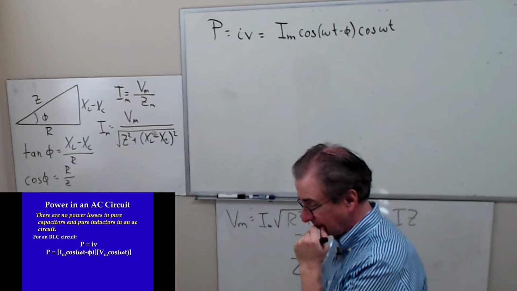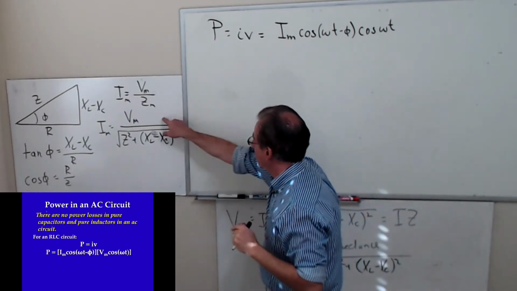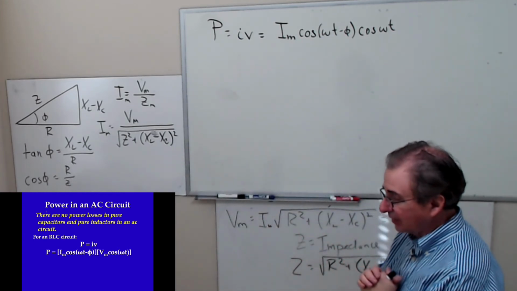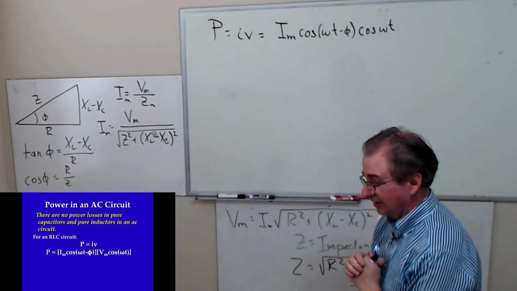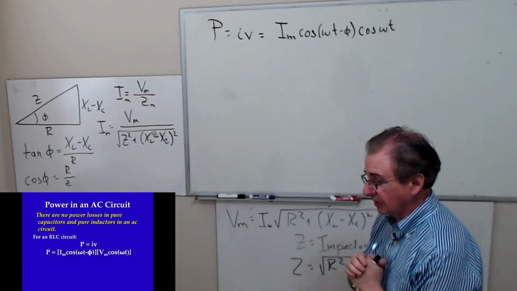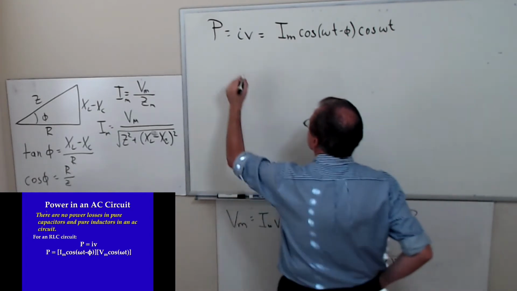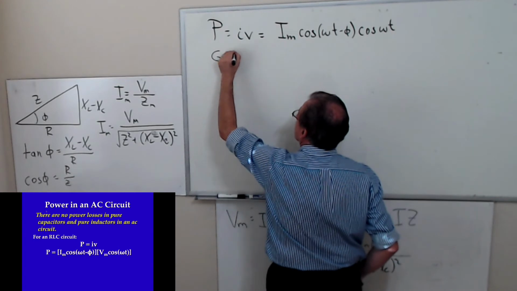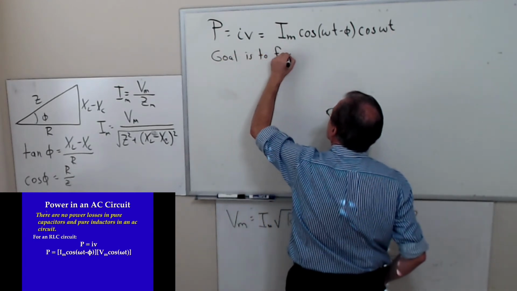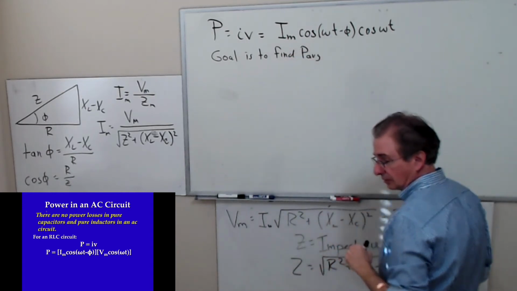And again, I sub m is given by this expression. My goal is to find the average over a cycle. So the goal is to find P average.